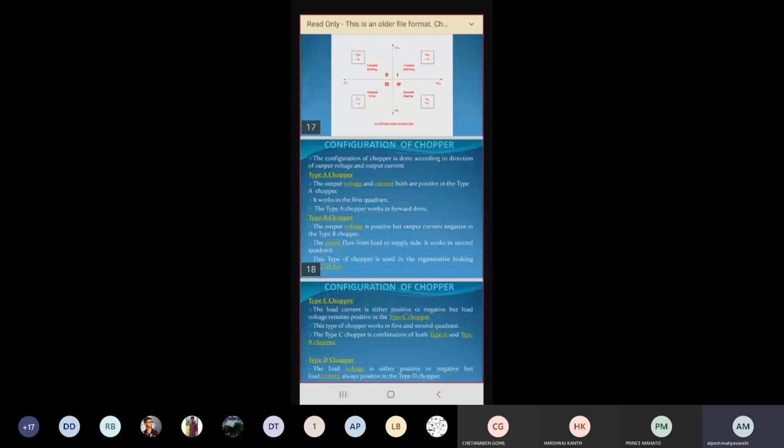Okay, so the basic introduction about the different configurations of chopper. First one is the type A chopper. The chopper output voltage and output current both are positive in type A chopper. So type A chopper always works in the first quadrant according to this graph.